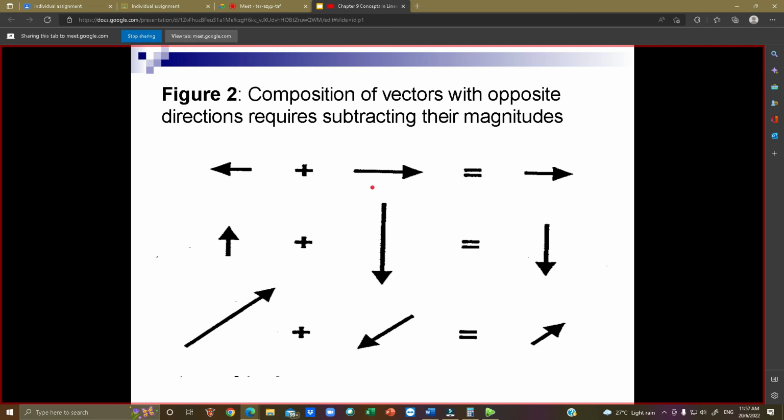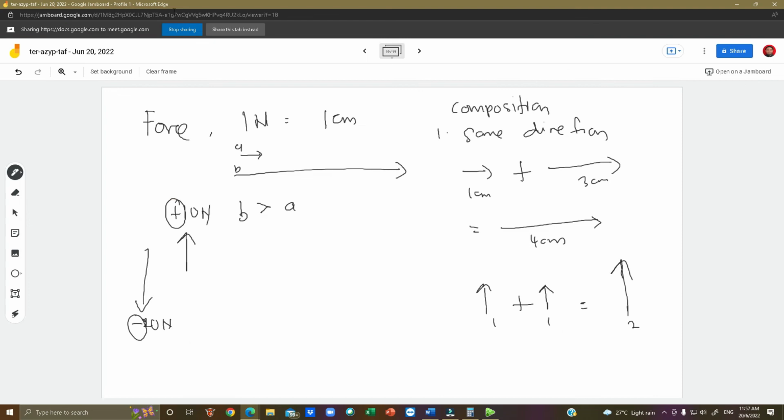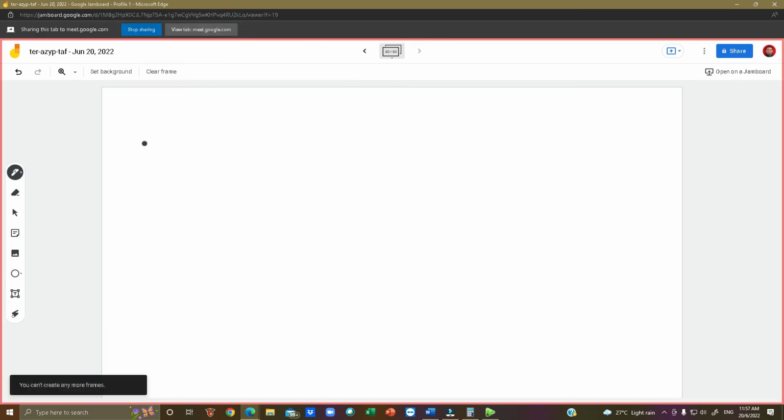Okay. Composition of vector when the direction is not equal. Kalau equal, kita tambah length dia. Okay, kalau tak equal, contoh, kita ada satu ke kanan, setelah ni 2 cm, dan satu ke kiri, 1 cm. So, hasil dia, tengok yang mana yang lagi panjang. 2 lagi panjang. So, we know that the hasil will be to the right.